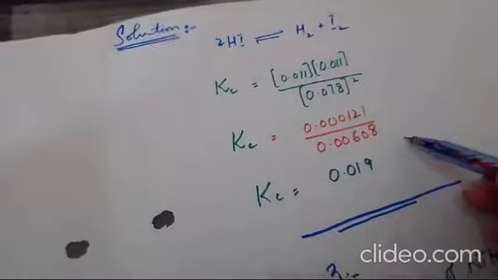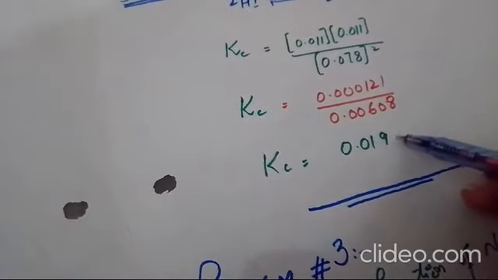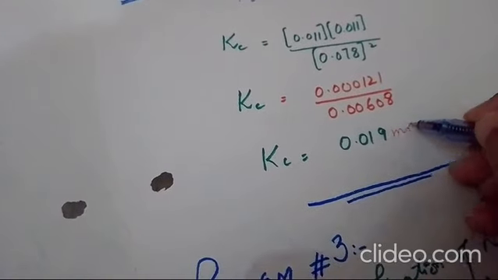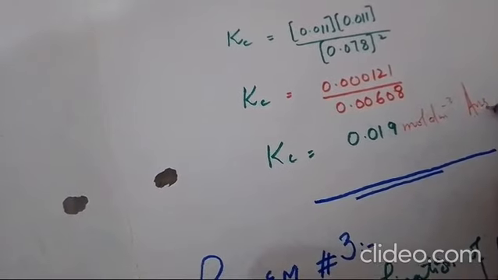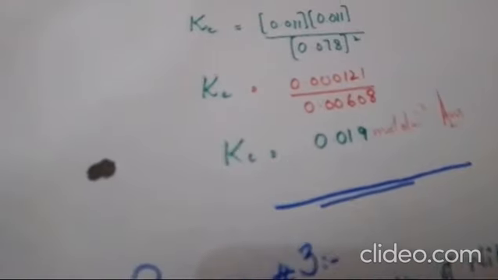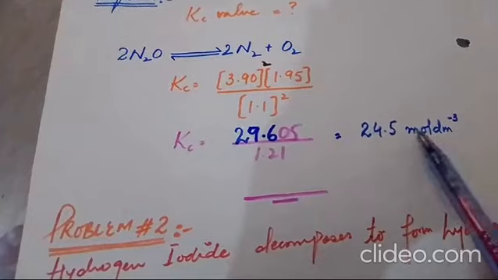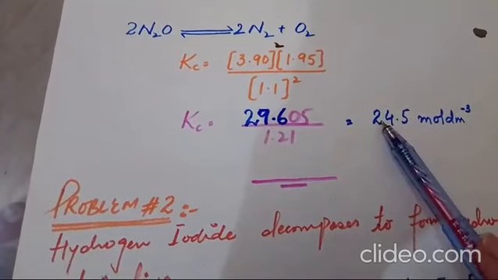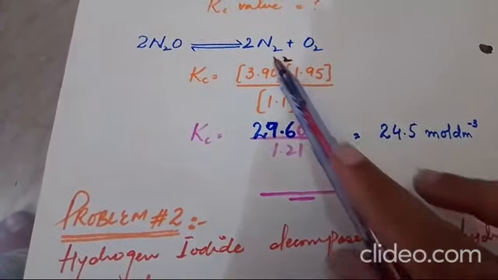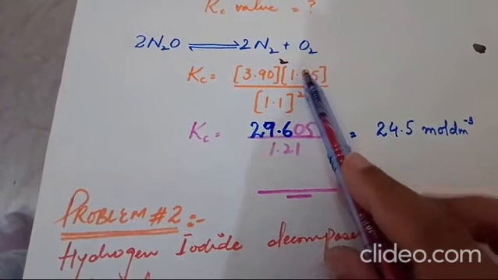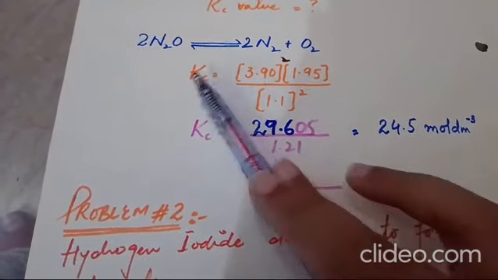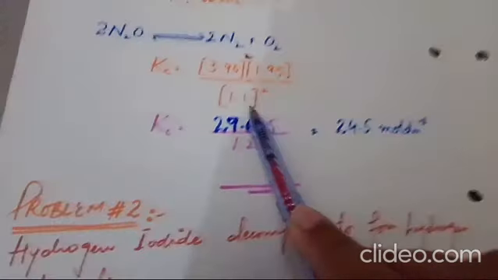Okay, I forgot to write, mole per decimeter cube is our answer. So in this way, we find the value of Kc in both problems by putting in the values according to the equation, and we know the product is our numerator and the reactant is our denominator.